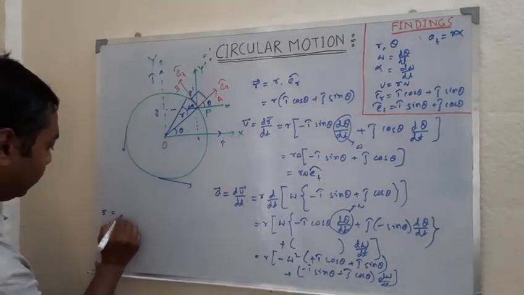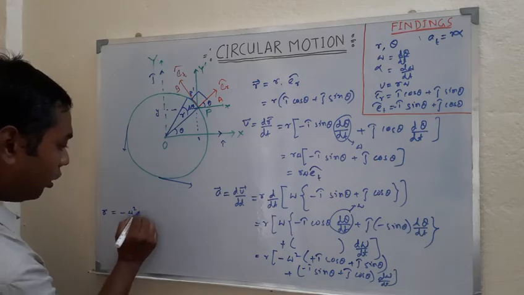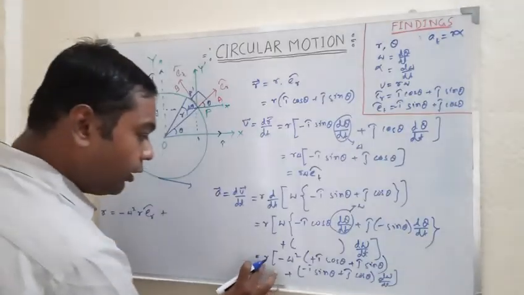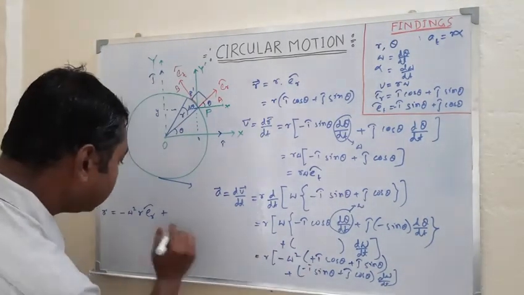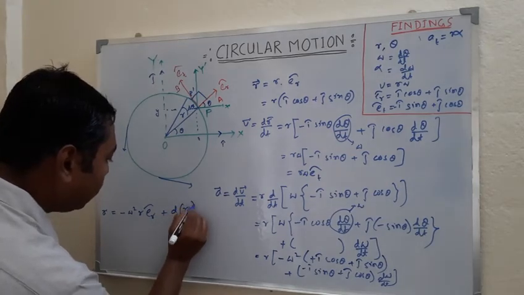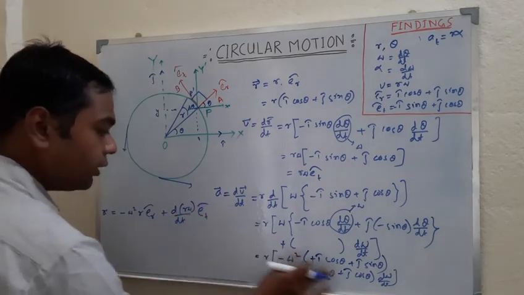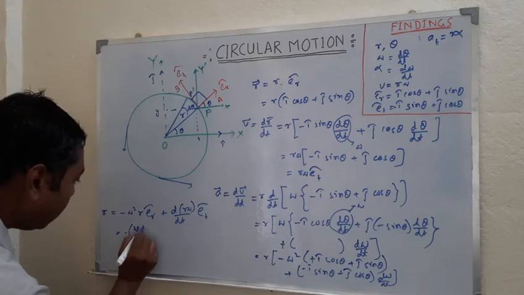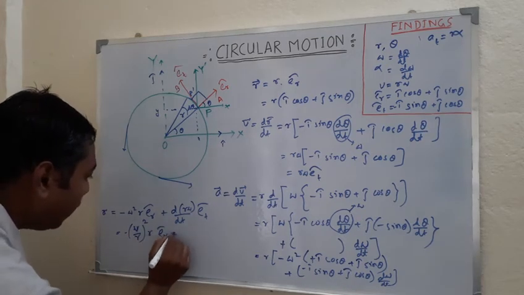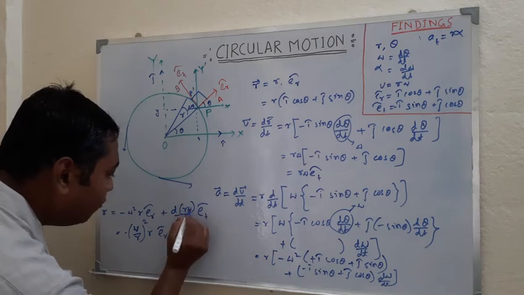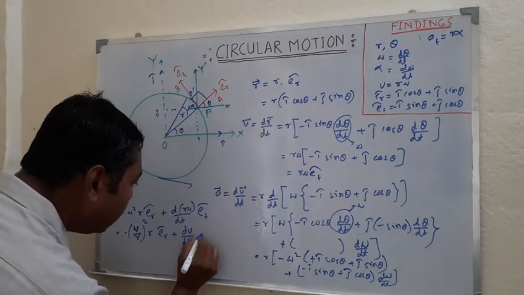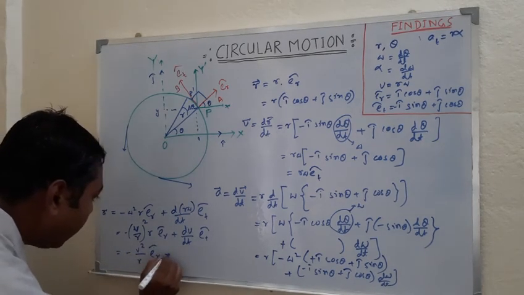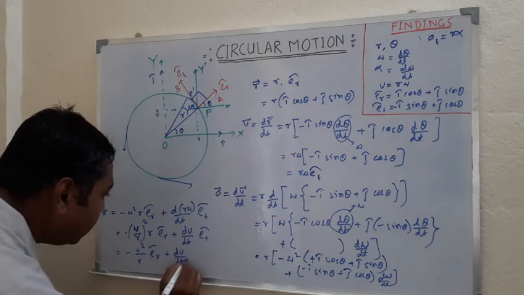So a is nothing but minus omega square r er cap, and if we take r inside the derivative, we get d(r omega) by dt et cap. If I write omega equals v by r, then omega square r is v square by r, and r omega is v, the linear speed of the particle. So this is minus v square by r er cap plus dv by dt et cap.